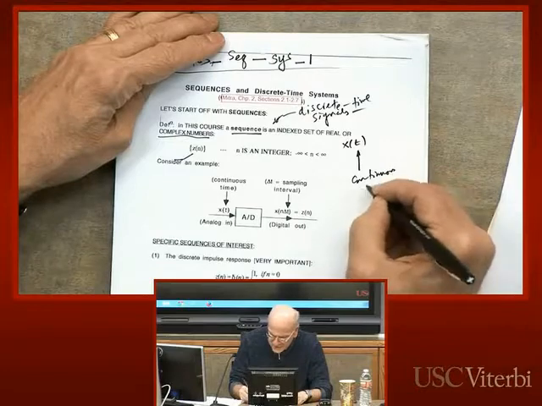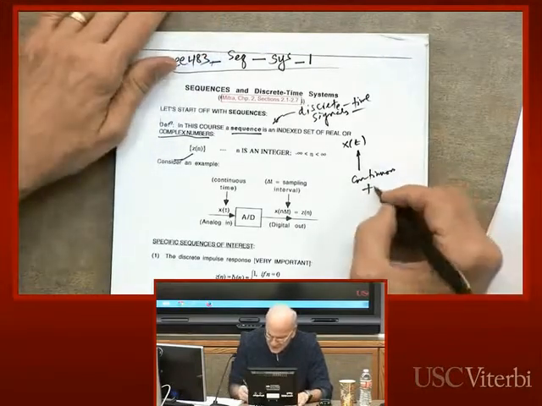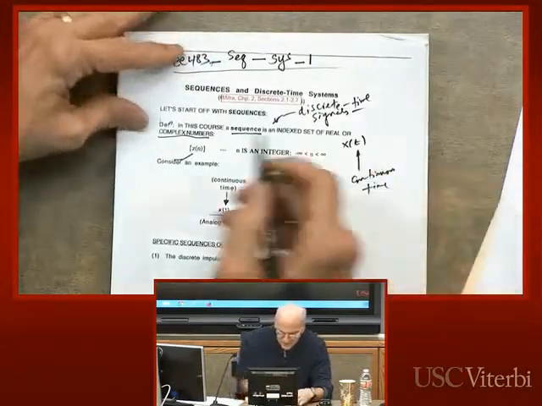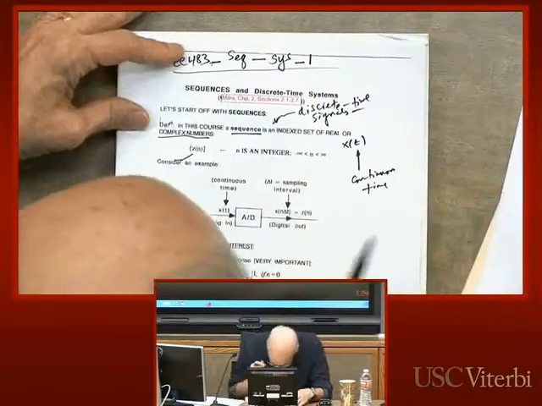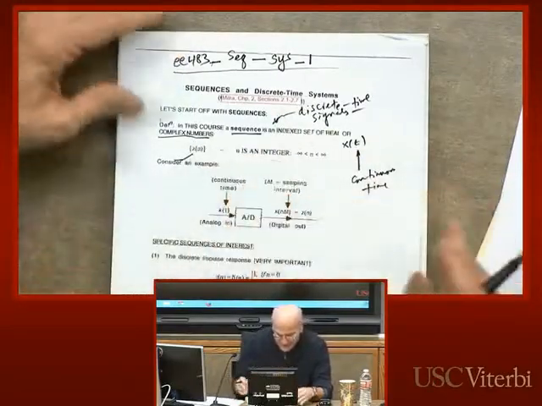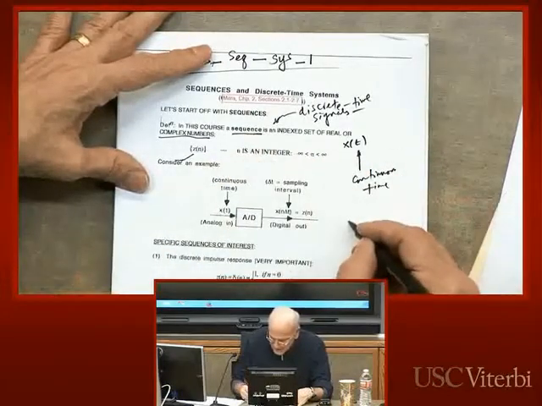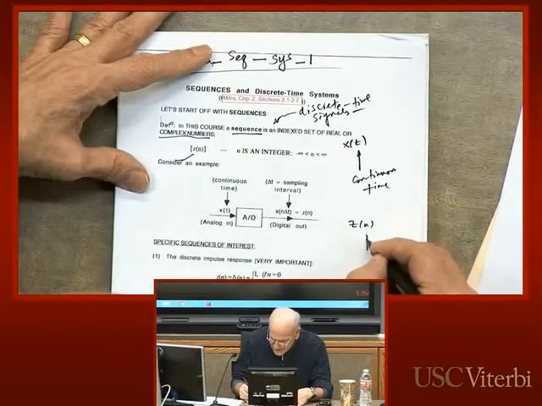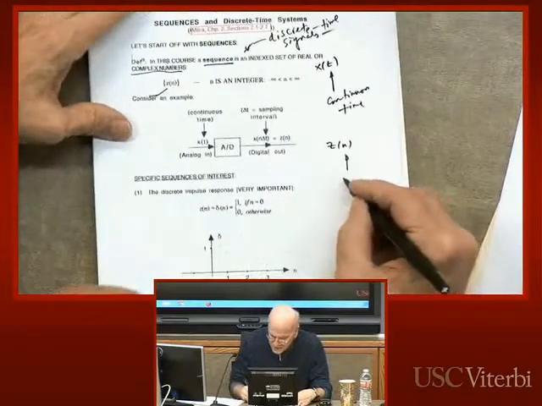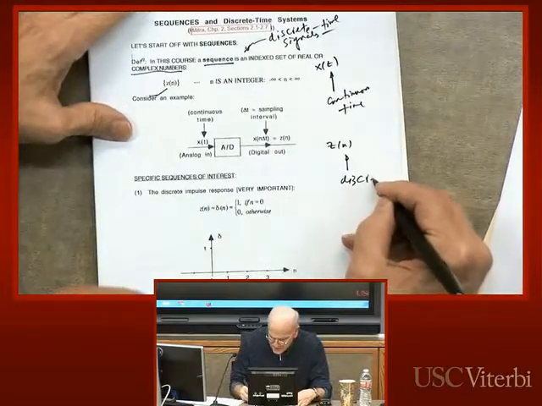But in this course, we're dealing with discrete time signals, so we will now be talking about, oh, I'm sorry, this is z. I think I need new glasses. z of n. So z of n corresponds to discrete time sequences or signals.